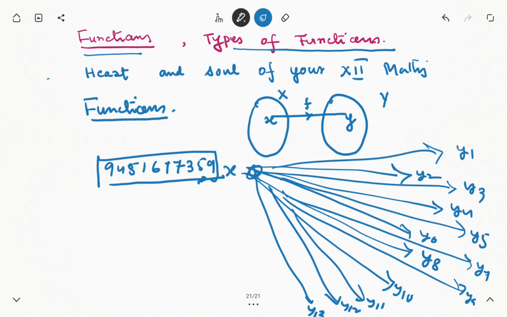So this is a relation. This is not a function. A function is a procedure, a correspondence, a rule which connects you with a unique element. So the image must be unique.